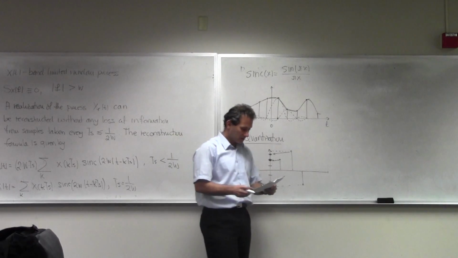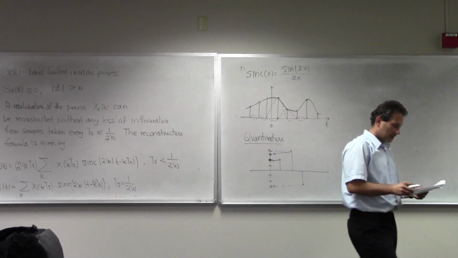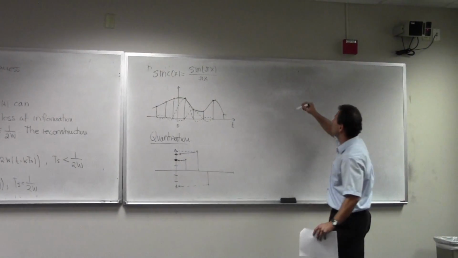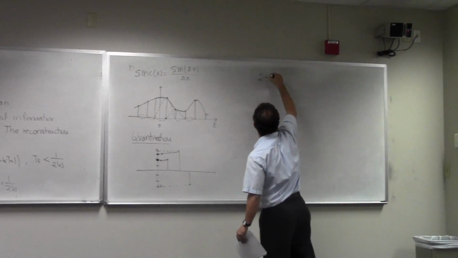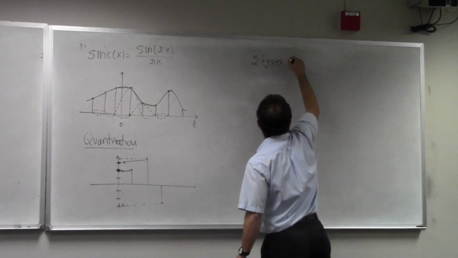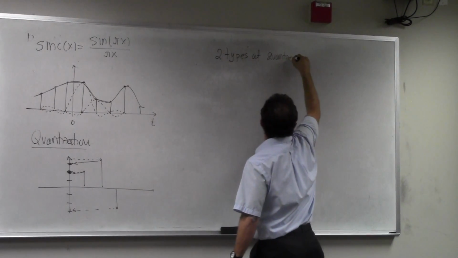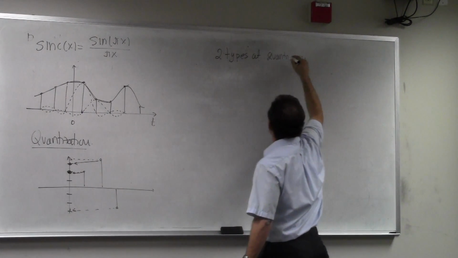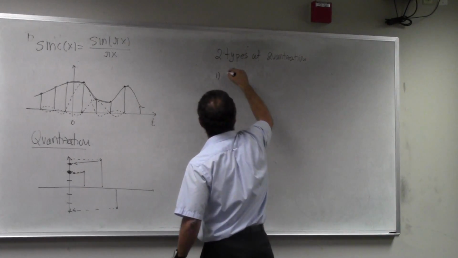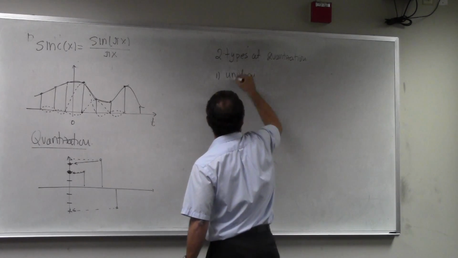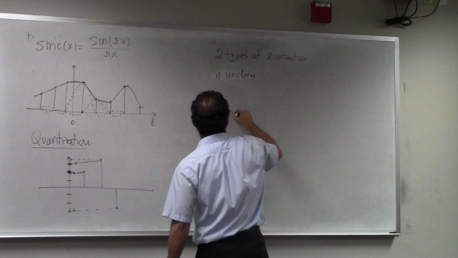And there are two types of quantization that we deal with. We can talk about something that's called uniform and then non-uniform.